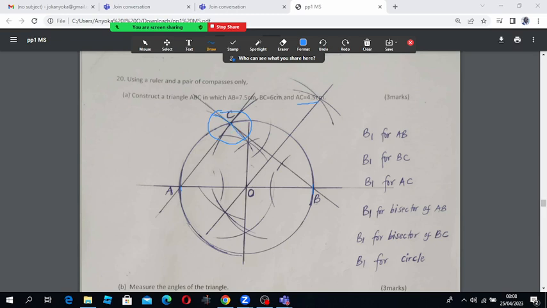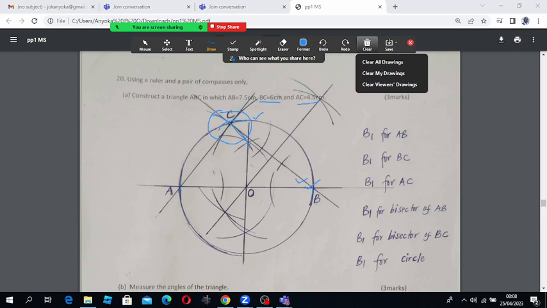This arc must be seen. Then you measure BC, which is 6 centimeters. You also stand at B, you make this mark. This one mark should give you 1 mark. And then you complete the whole figure, you get other 2 marks.